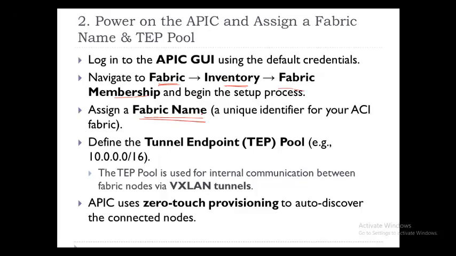Something like some data center, some name. And then you also need to define the pool. From this pool only, an address will be given to each discovered leaf and spine. And that address is going to act as a tunnel endpoint for VXLAN.